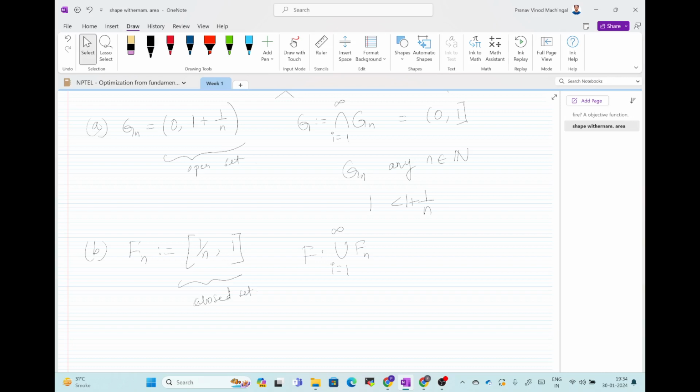So what do you think this will be equal to? It should be 0, 1, right? It should actually be closed on 0 and 1. That's my hypothesis. Closed on 0 and 1. Yeah.